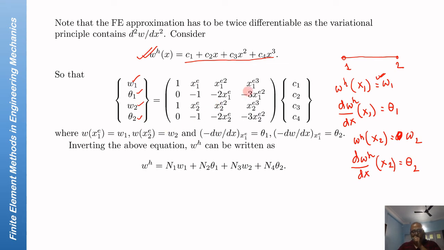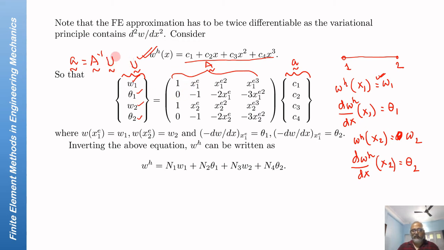Now this can be inverted, so I can call this the A matrix like before, and I can call this my a vector, which contains these unknown coefficients. So I can write a equal to A inverse times this, which I call the nodal variables, A inverse U, provided A is invertible.